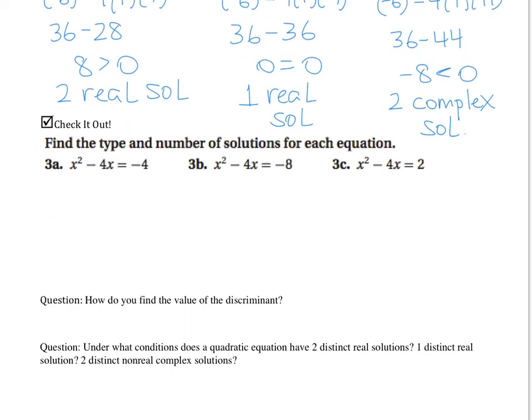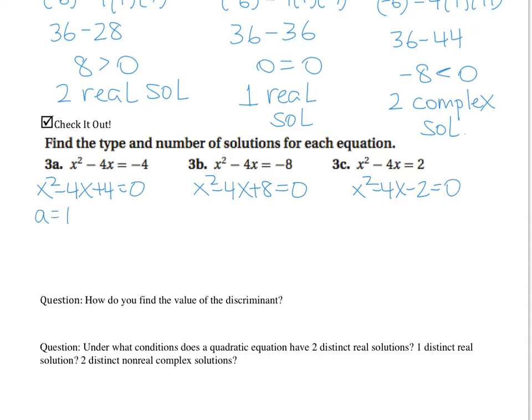So you go ahead and do these three. Again, remember the first thing you need to do is make sure it's in standard form. So I'll do that for all of them real quick. Then find your A, B, and C, and then it's B squared minus 4AC.